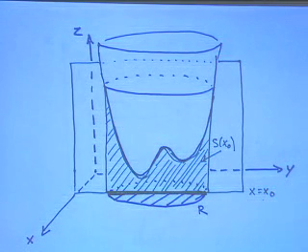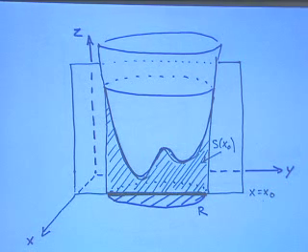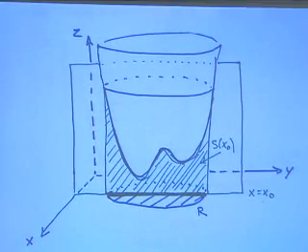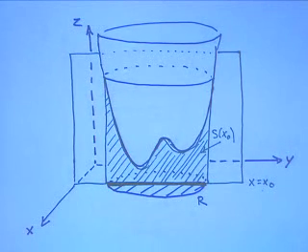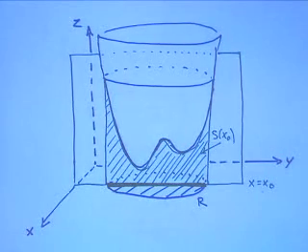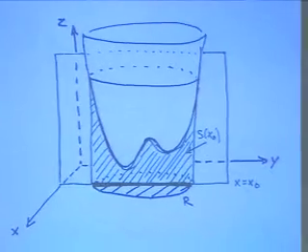Now in each slice, I get what looks a lot like a single variable integral. That integral will tell me the area in this, I guess it was supposed to be green, but it all comes as black, so let's say the black shaded slice. And then when I add all of these areas together, as the value of x changes, I will get the volume. Okay, let me try to explain that again.